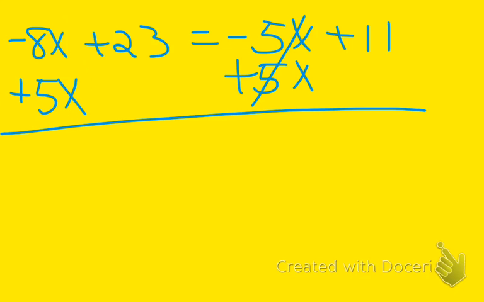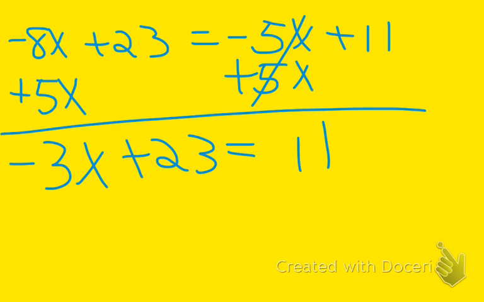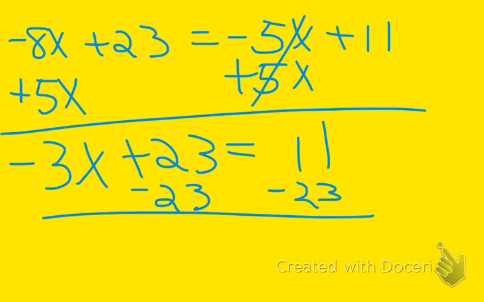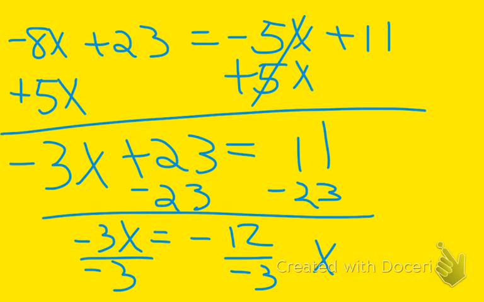Negative. So it's going to be negative what? 3x. Very good. Plus 23 equals 11. And so then we're going to subtract 23 from both sides. Is this going to be negative or positive? Negative. Very good. Negative what? 12. Good job. Divide by negative 3. x is how much? 4. Positive or negative? Positive. Very good. All right, you got it.